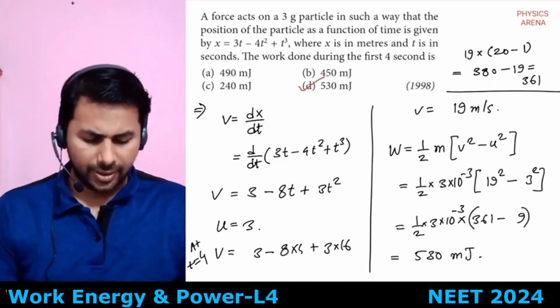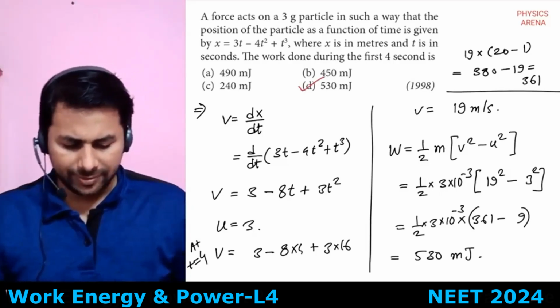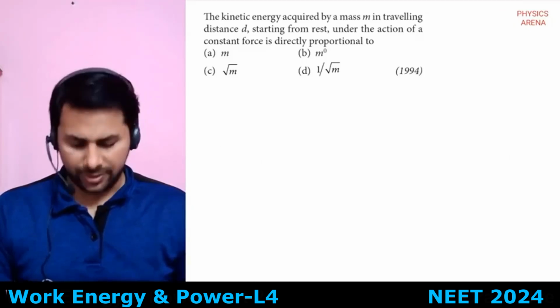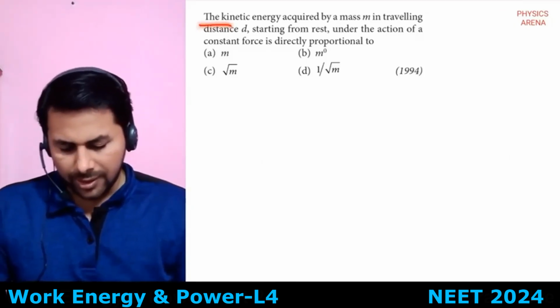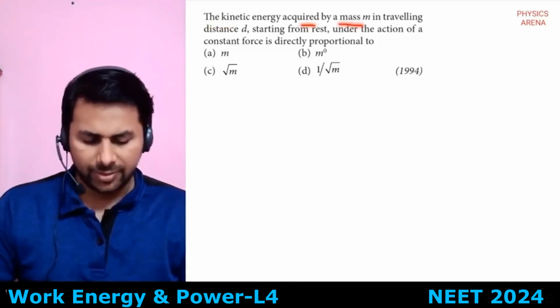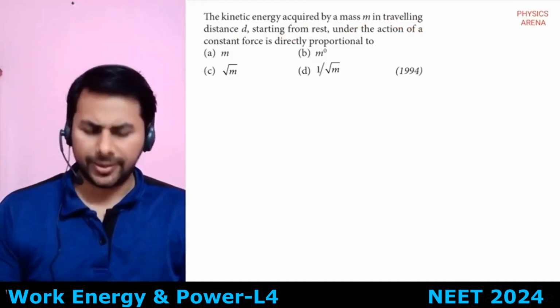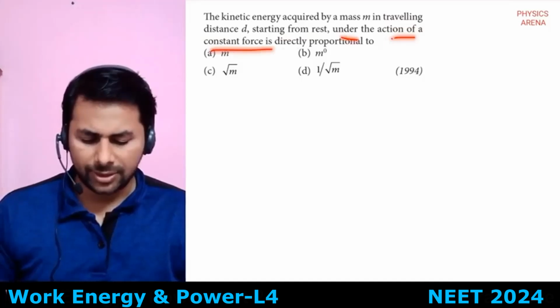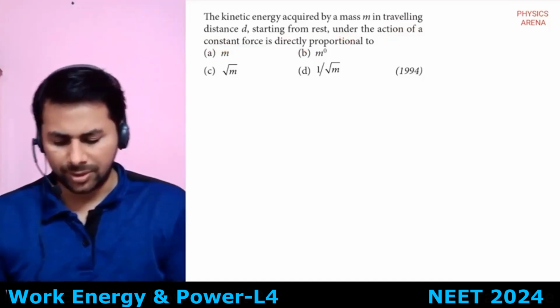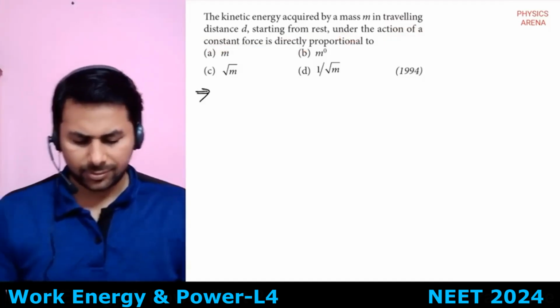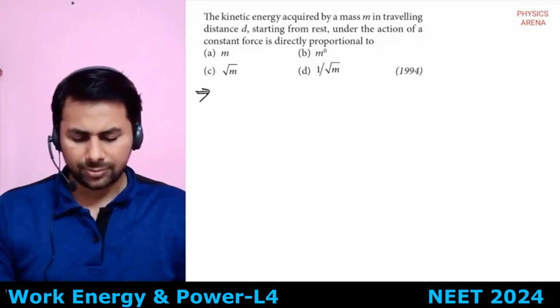Okay. So this is also simple. So we have questions like this. Kinetic energy acquired by a mass m in traveling distance d starting from rest under the action of a constant force is directly proportional to? Tell me, what should we do?